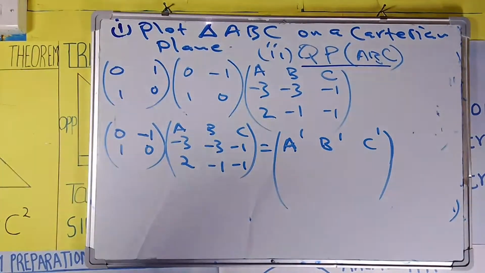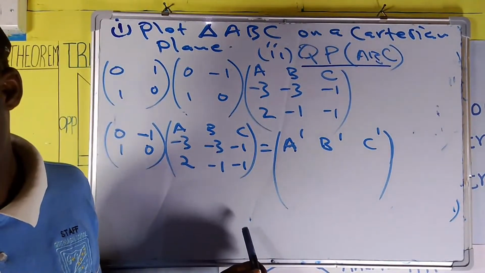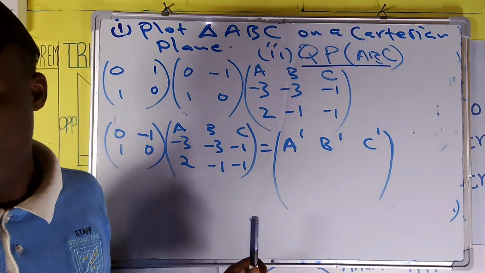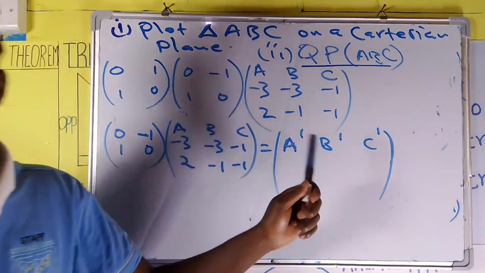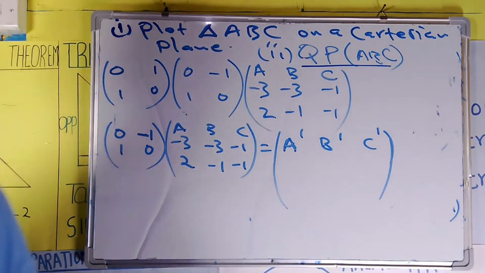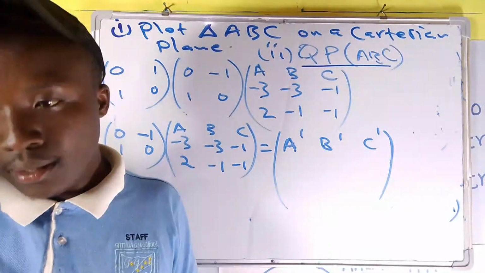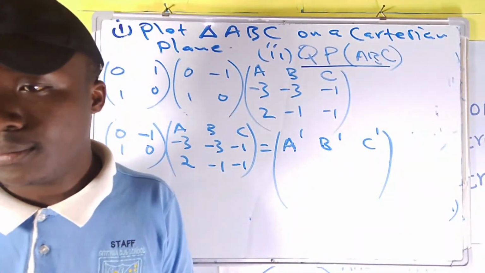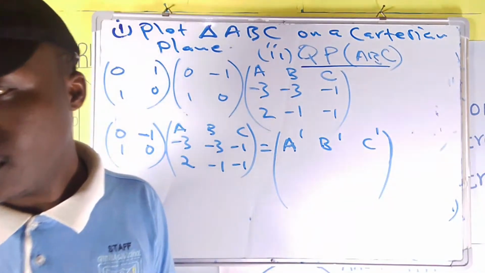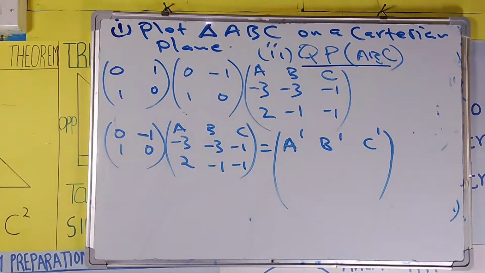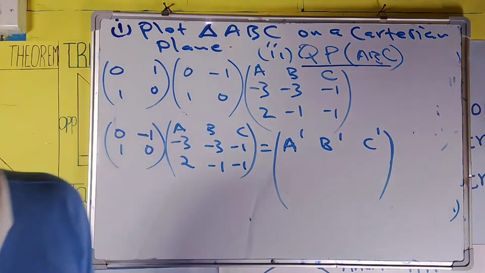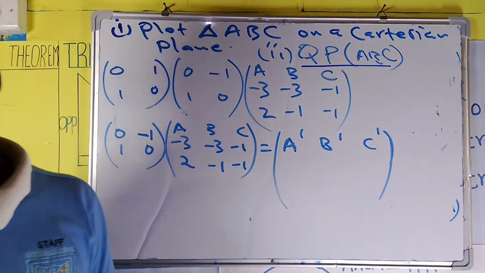Do we do this one together or you can do it? Do we find A prime B prime C prime together or you can be able to solve it? Zuleka, can you be able to solve it?